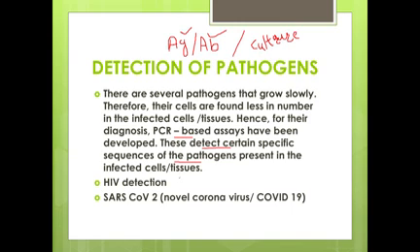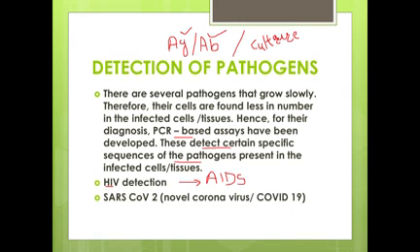For example, PCR has been successfully used in detection of HIV, or human immunodeficiency virus, which is the causative organism of a very serious and notorious disease of human beings, that is AIDS, or acquired immunodeficiency syndrome.